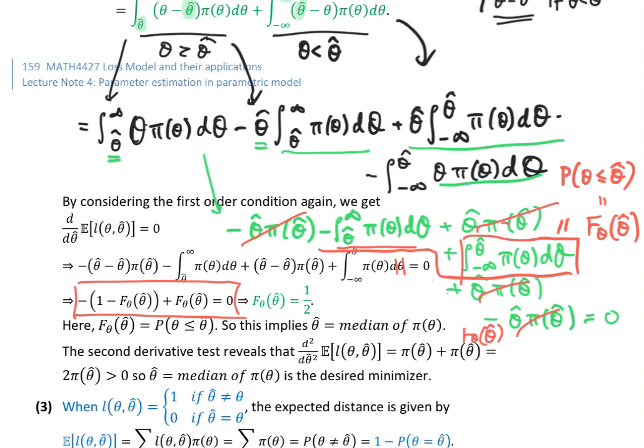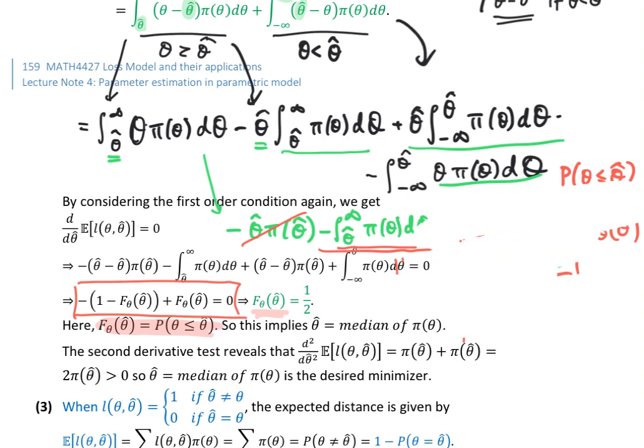Remember this CDF is just equal to what? The CDF, right? So your theta hat will satisfy that the probability that theta is less than or equal to theta hat equals 1/2. What does it mean? Let's say this is the distribution of theta.